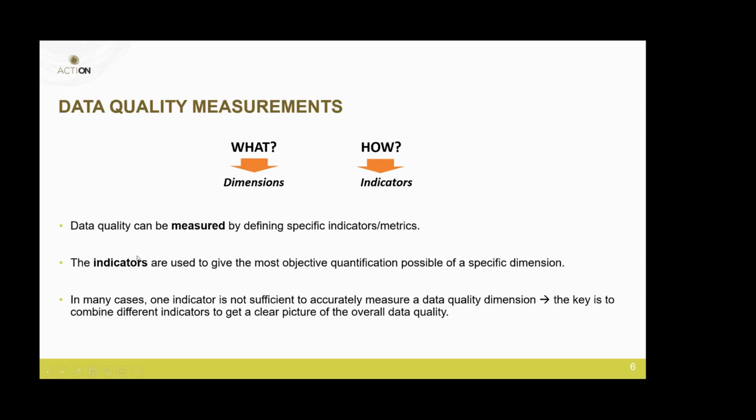So I need to quantify my dimension, and I use indicators. In some cases, one indicator could be enough for a dimension. In other cases, I probably need more than one indicator to describe a dimension accurately. So I can combine indicators for a single dimension, or I can just use one of them.